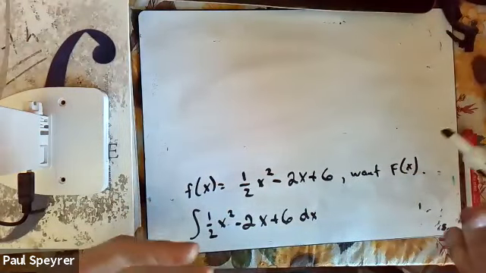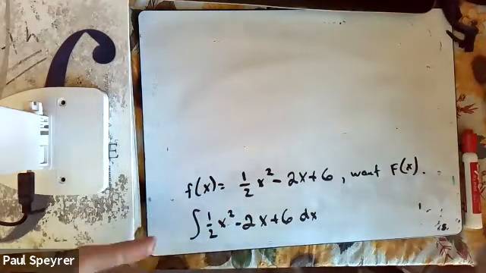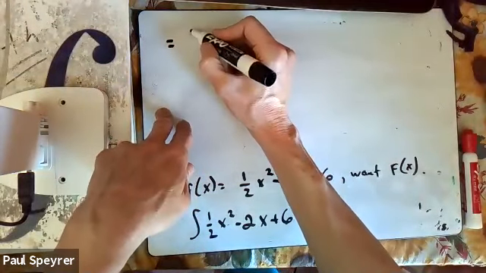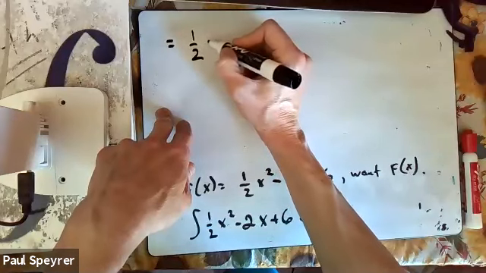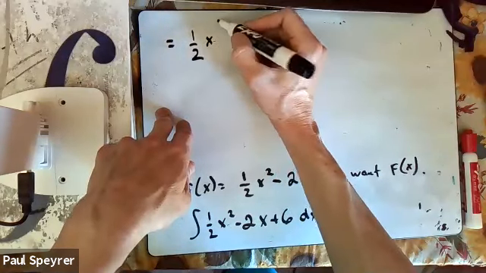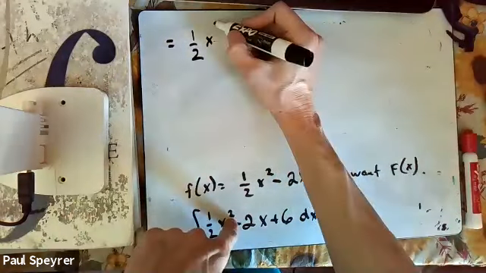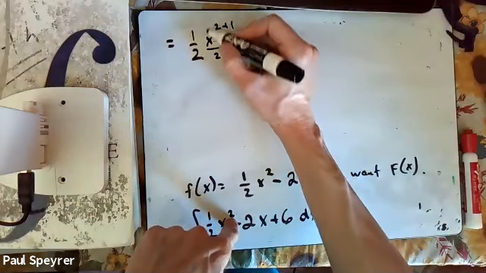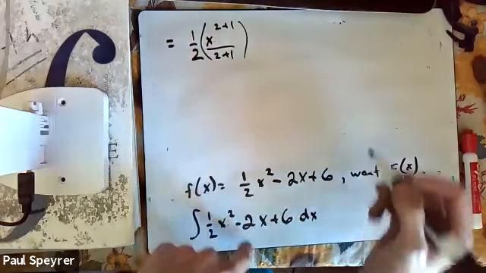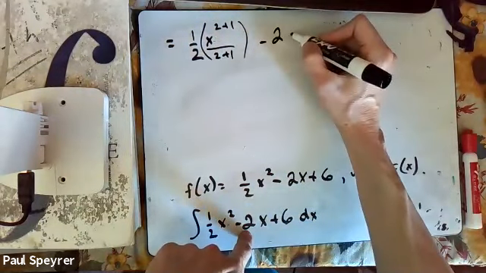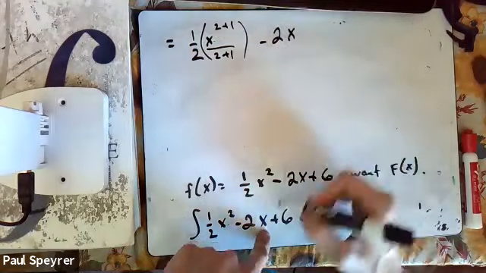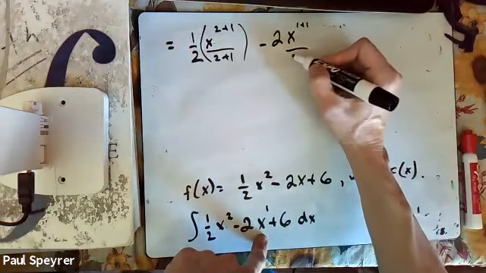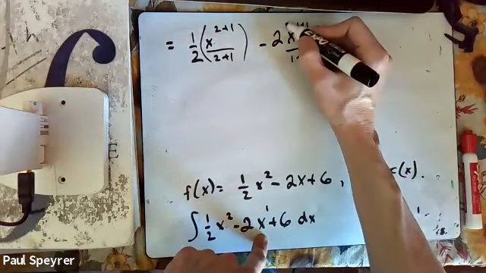So what are we going to do? We're going to do the power rule for antiderivatives. We'll have 1/2 and then x to the 2 plus 1 over 2 plus 1. Minus 2 and then x, and there's a 1 right here, so that's x to the 1 plus 1 over 1 plus 1 again.